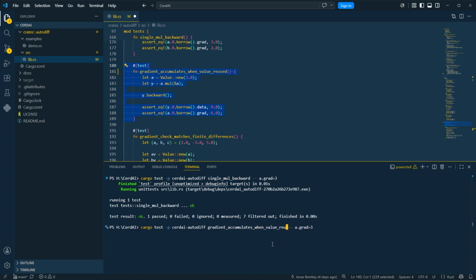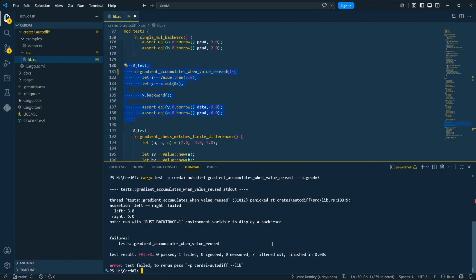And it gets worse. My earlier test, the A and B one, uses different inputs, so each one only gets one gradient. It passes even with this bug in there. The bug's completely invisible unless a value gets reused, which is the lesson here. A whole class of bugs only shows up when you reuse a value, so you've got to write that test on purpose.